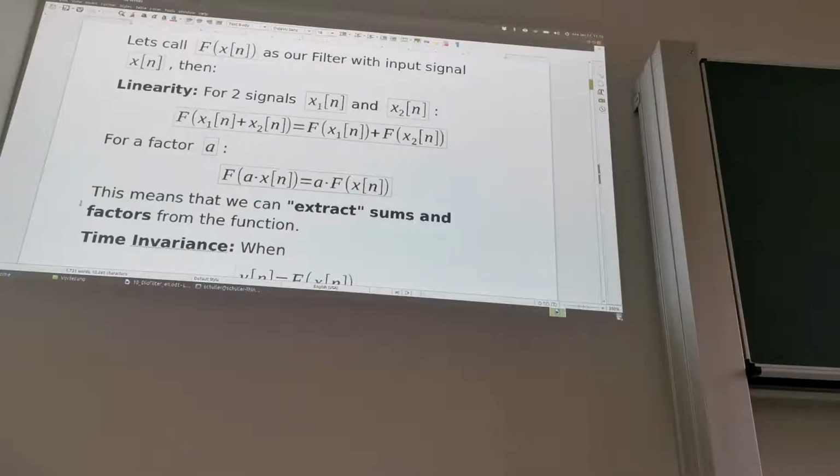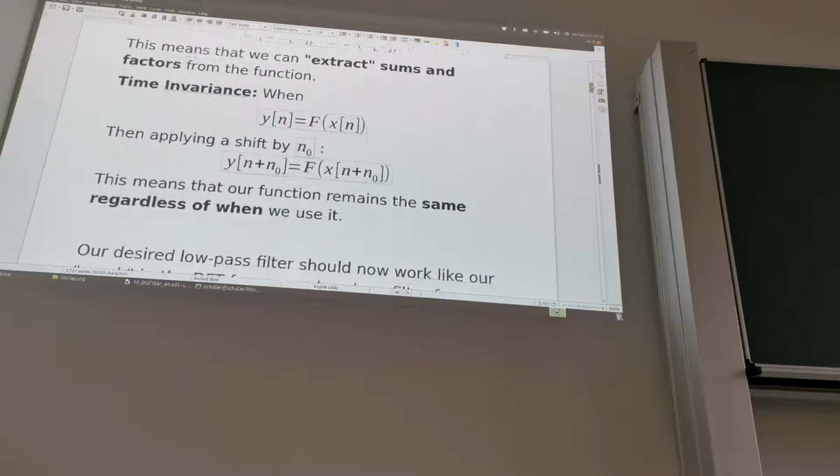You can basically extract this factor here. So it doesn't matter if you apply this factor before or after filtering. Make sense? So that's very convenient because it allows you to reformulate the function.